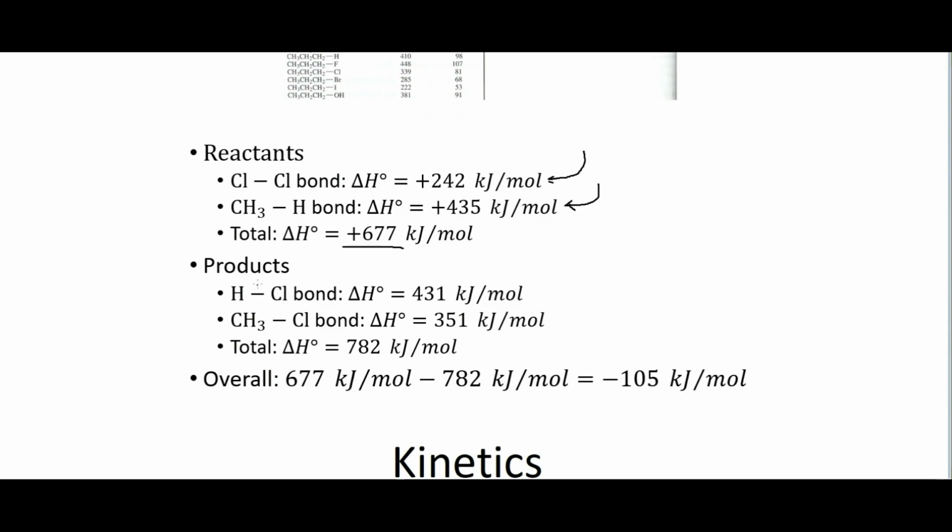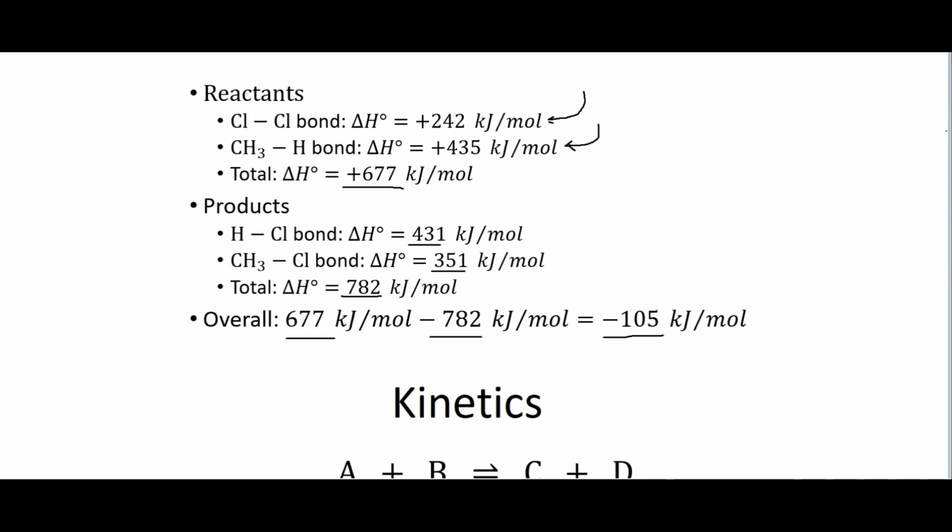Then our products, the bonds we're forming: 431 kilojoules per mole and 351 kilojoules per mole for the hydrogen to chlorine and carbon to chlorine bonds respectively, for 782 kilojoules per mole. Putting that in, 677 minus 782, we get negative 105 kilojoules per mole, which I've been using throughout this.